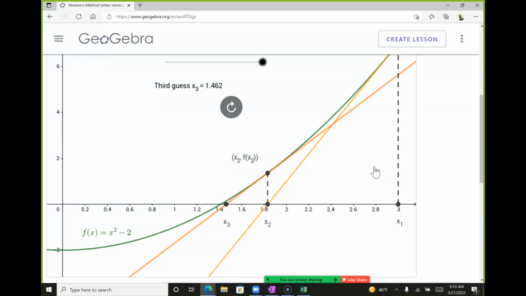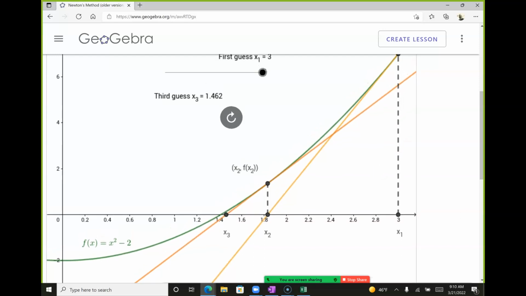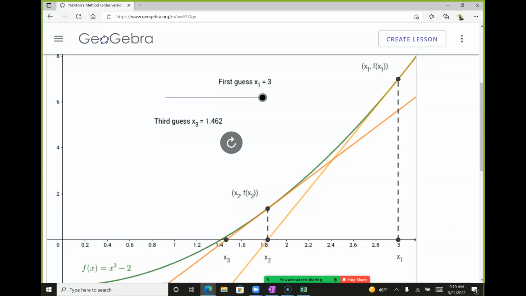Now look at what was my initial guess here. My initial guess was 3, right? Do you see that? The initial guess is 3. And then I had a light orange tangent line that hit at 1.8. And then from 1.8, I got a darker orange tangent line hitting at 1.4 or 1.4 something, right?